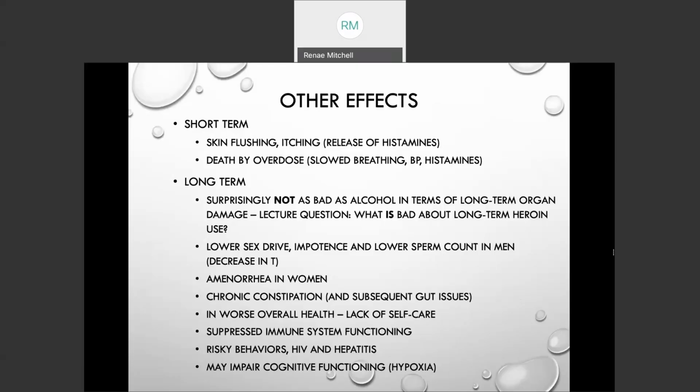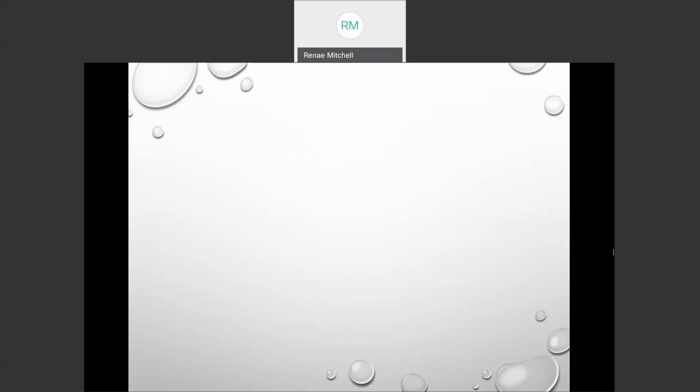There's suppressed immune functioning with chronic use of heroin, engaging in risky behaviors in order to obtain heroin or because of the diminished ability to make decisions, an increased risk of HIV and hepatitis due to needles, potentially, and also impaired cognitive functioning due to loss of oxygen to the brain, or hypoxia. And that's it for the short and long-term effects of opioid use.